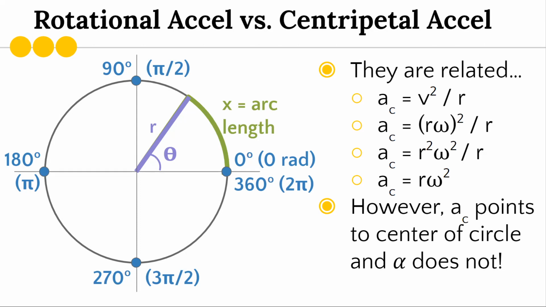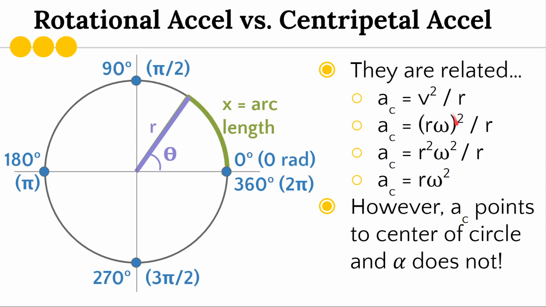Okay, so again, I said they're all related. We can also, because we've looked at things moving in circles before, we did a whole unit on uniform circular motion. But in uniform circular motion, we were dealing with things where we were talking about a linear velocity. And you can relate it to rotational motion as well. Okay, and so that's what I have here: my centripetal acceleration was equal to v squared over r. That's the equation that we learned.